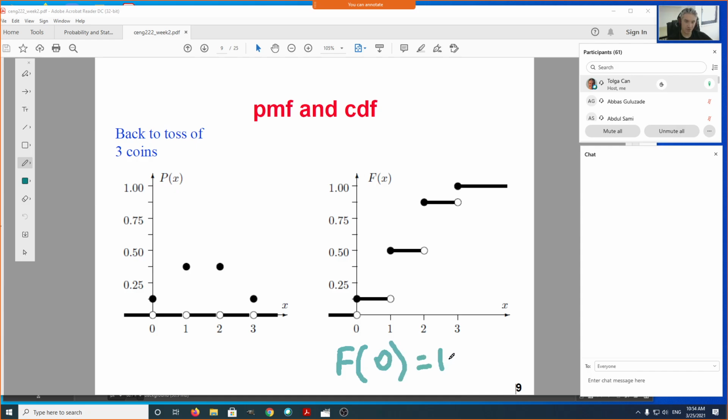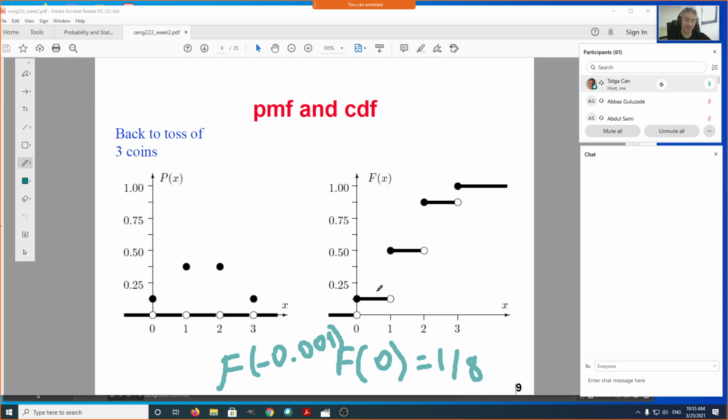We know that is 1/8. The probability that we get 0 or less heads is 1/8, and therefore F(0) is 1/8. But just tiny below this 0, for example, F(-0.001), I mean, this is not a discrete variable, but any negative value here, the probability to obtain a negative number of heads is 0, which is indicated here.